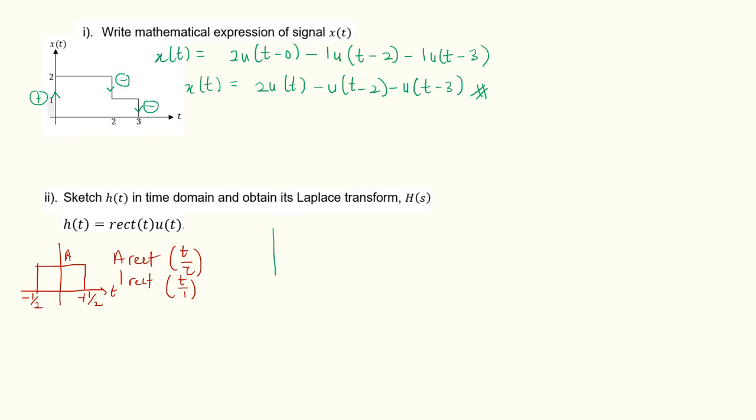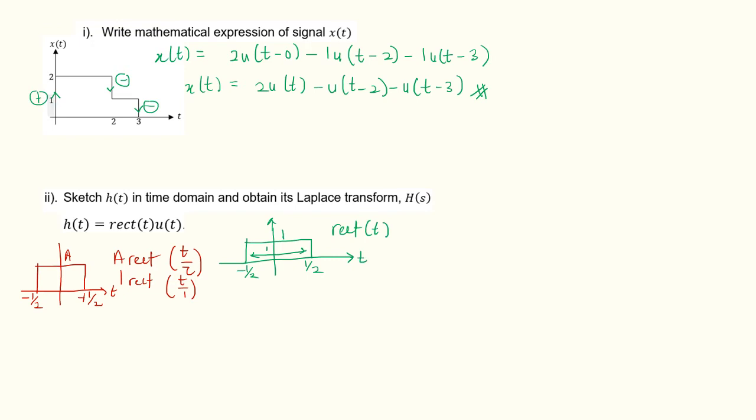So this is your rectangular t. The magnitude is 1 and the width is 1, from negative half to positive half. So this is rectangular t.